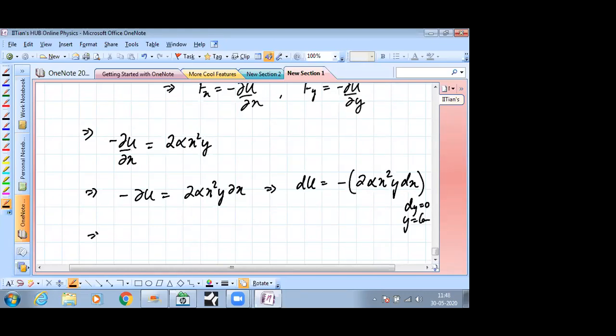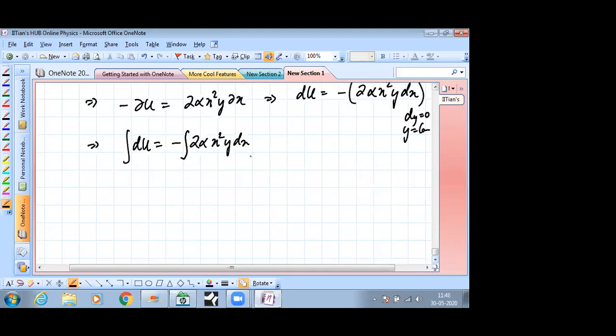So we can do an integration kind of thing over here, where y is a constant.